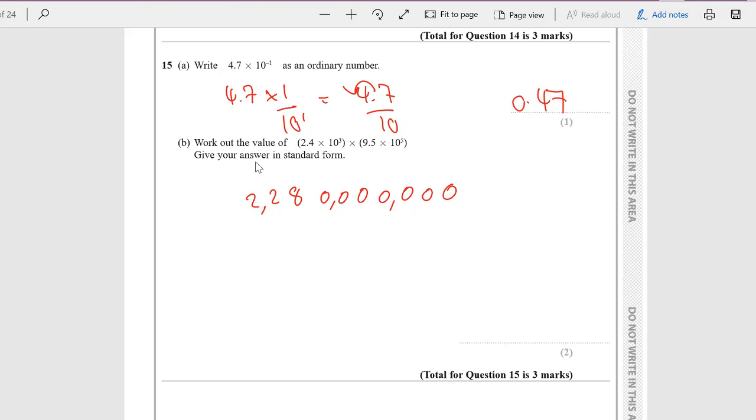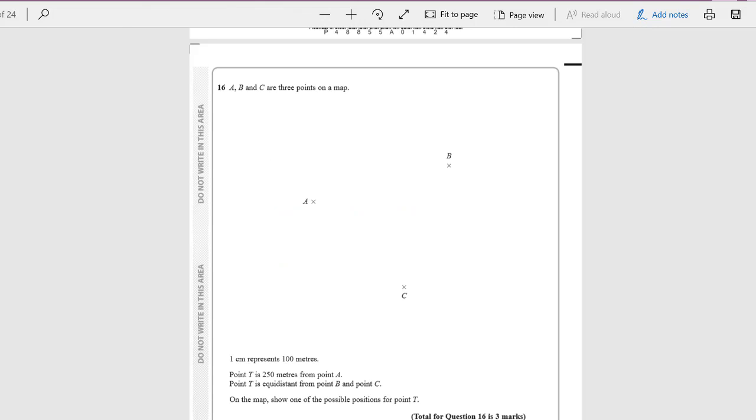And then if you put it in standard form, you would write it as 2.28 times 10 to the power of 9, because our decimal point is between the two 2's. So 1, 2, 3, 4, 5, 6, 7, 8, 9. So that's our answer.